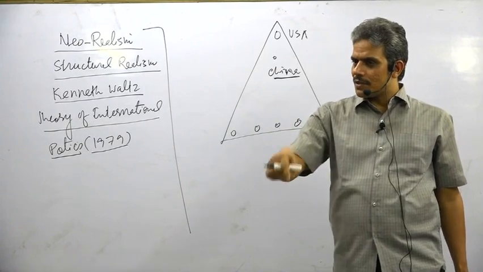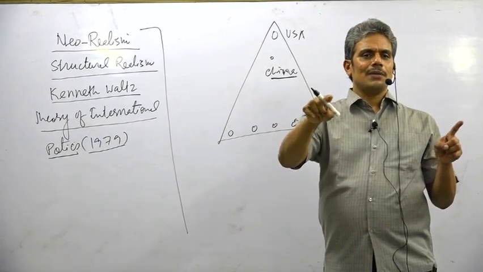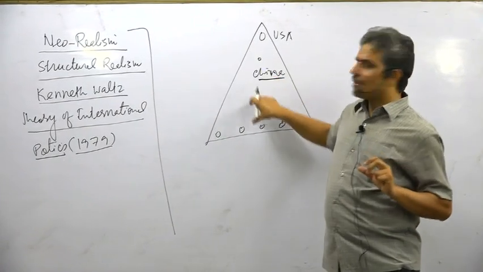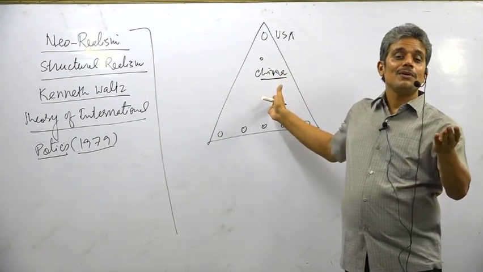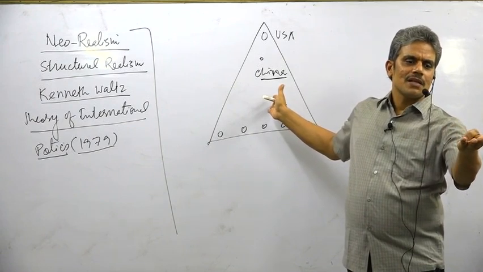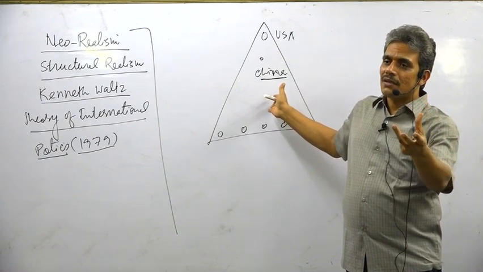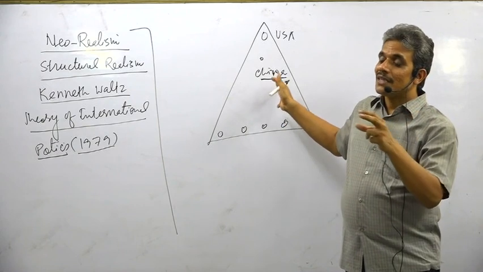And what does the structure tell us? There is anarchy. Anarchy simply means power prevails in this world.